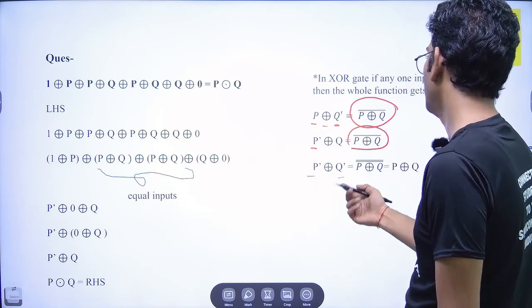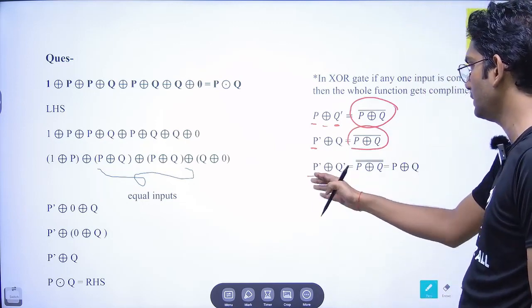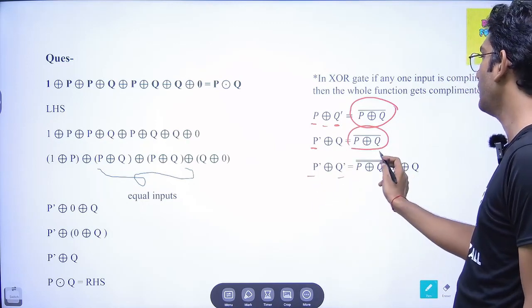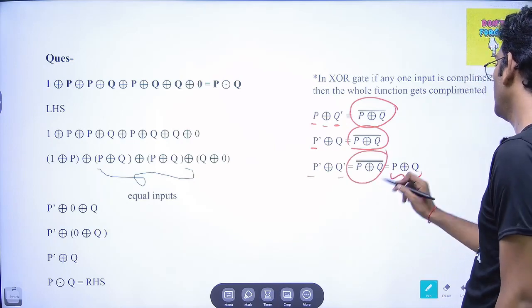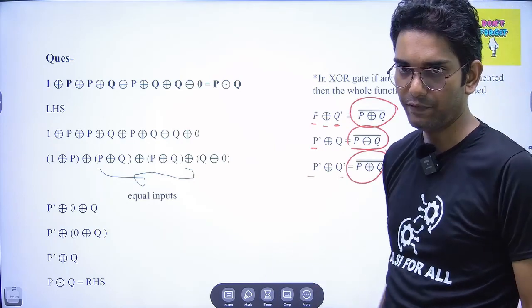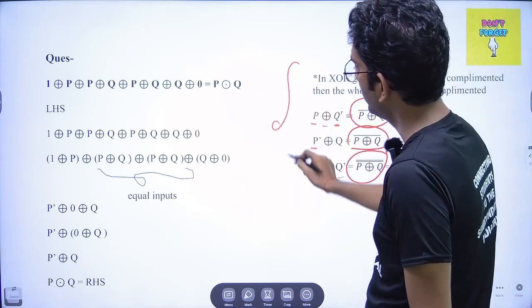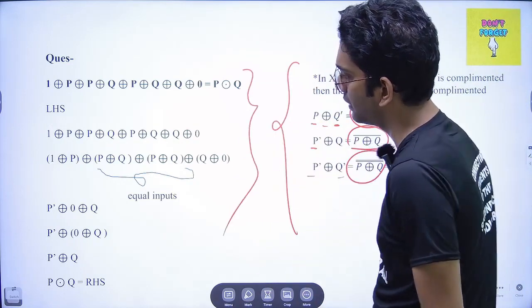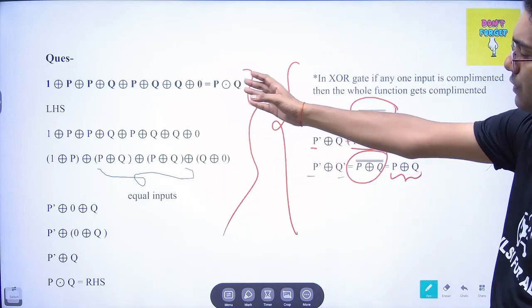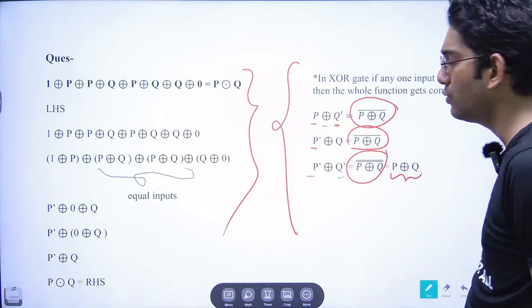When both are complemented, double bar is present, and it would result in P XORed Q only. So this is the basic thing which you can keep in mind, and this is the example I have taken to explain how we proved that the left hand side is equal to the right hand side.